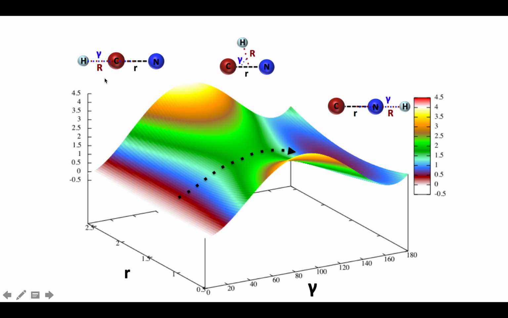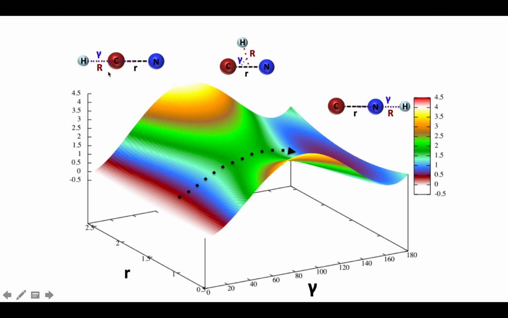We've got basically the bond length between carbon and nitrogen. We can think about a bond length between carbon and hydrogen as well, but in fact we're going to do something slightly different. We're actually going to define a length between hydrogen and the center of mass of carbon-nitrogen, and we're going to do that for a particular reason.